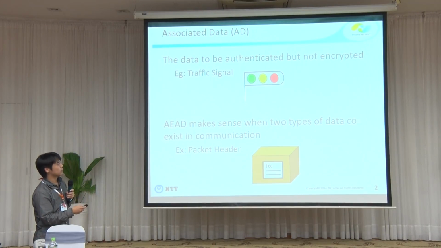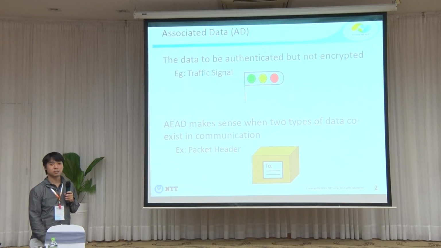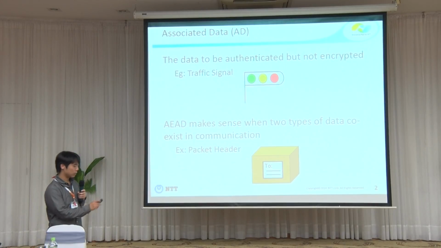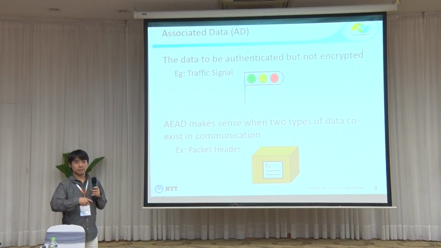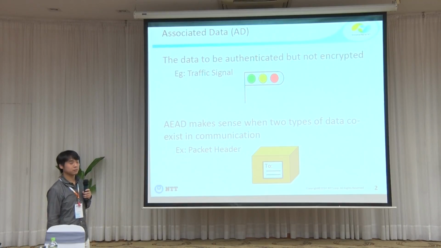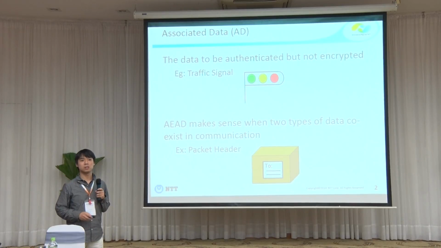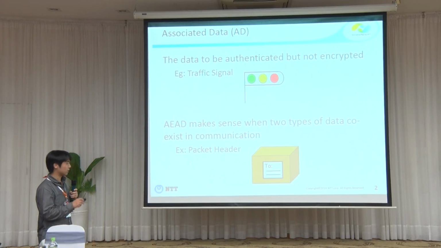It makes sense when two types of data coexist in the communication, like a packet header. The main body must be concealed, but the packet header should not be encrypted, while we want to make sure that it is not modified. So associated data is used in that case.